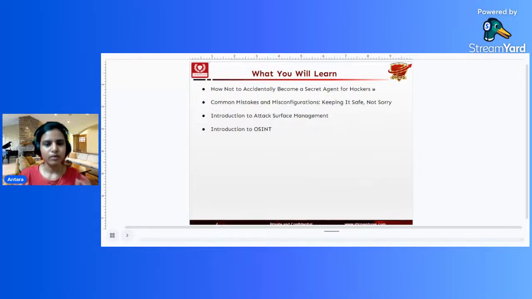And the introduction to attack surface management: what is attack surface management, what are the criteria in it, and how we can utilize this as one of the security measures to ensure that our digital assets on the internet are safe and secure, right?